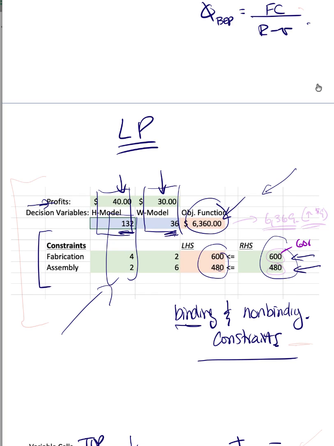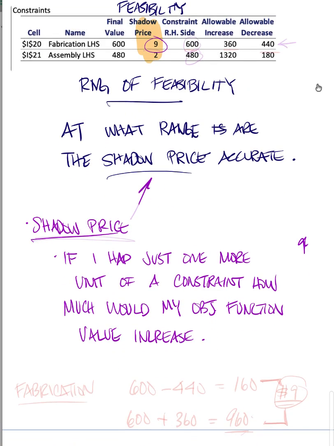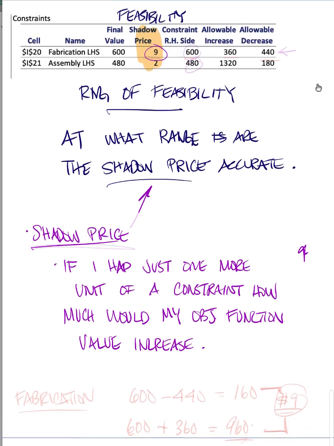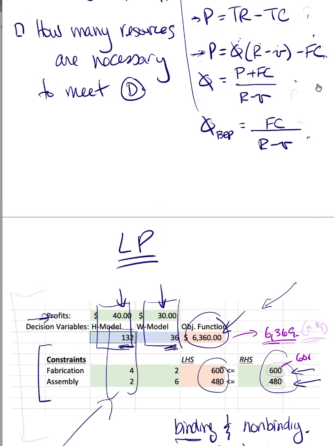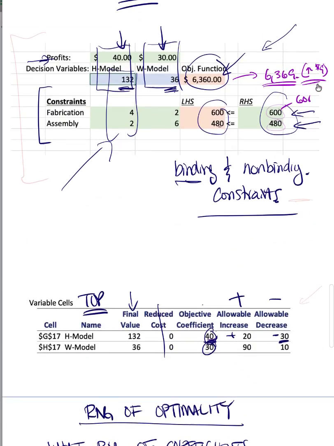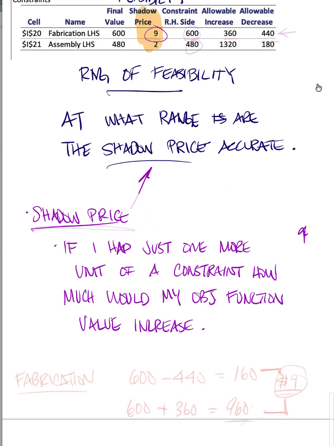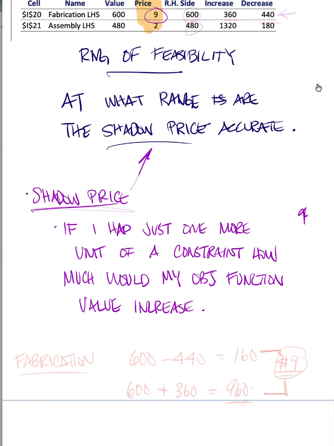So this would now be 6,369, increased by $9. And similar to going up, you can also answer the question, if I had one less unit of a constraint, how much would my objective value decrease as well?